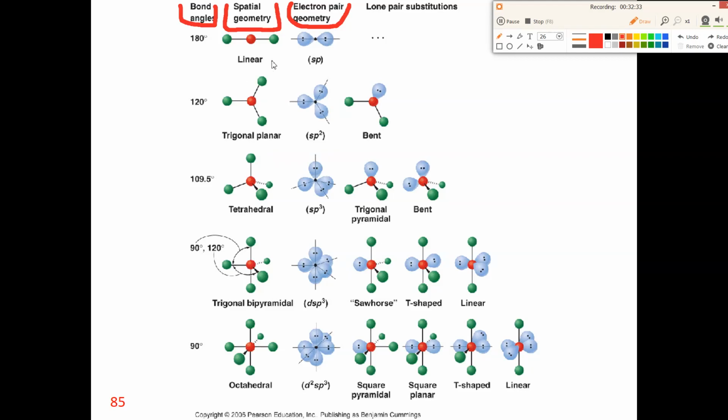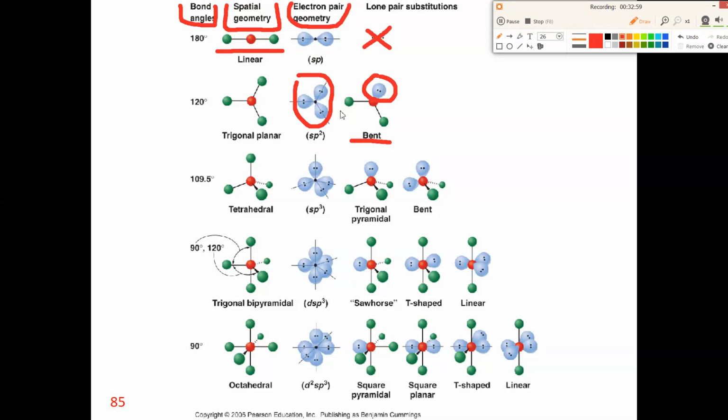Right? Linear, when there's no lone pair, so it's linear because there are only 2 terminal atoms. And when there are three bonds, it's going to be trigonal planar. If there's one lone pair, this molecular geometry is going to be bent.